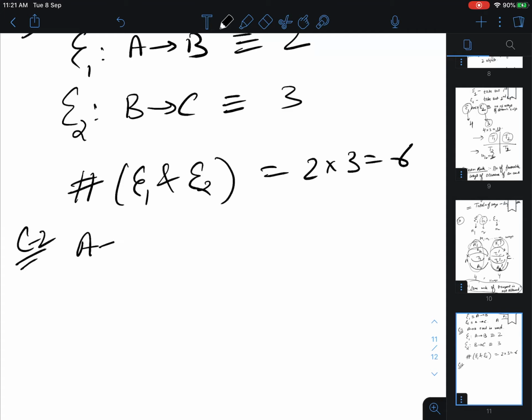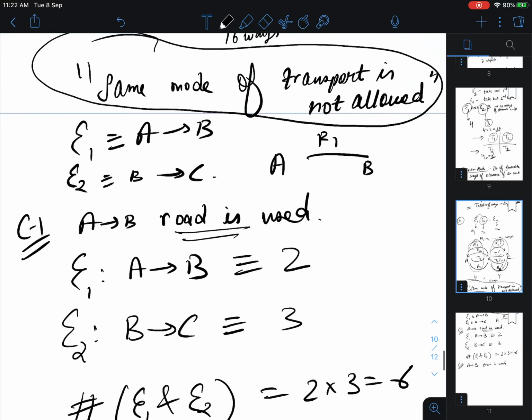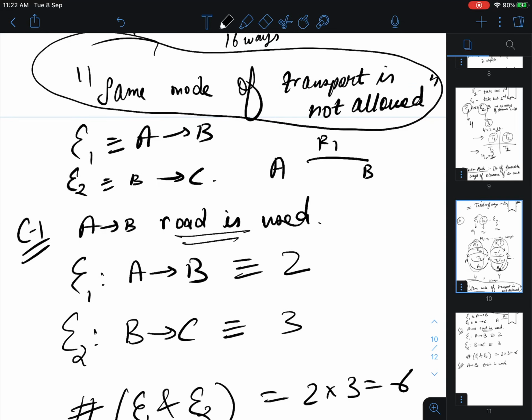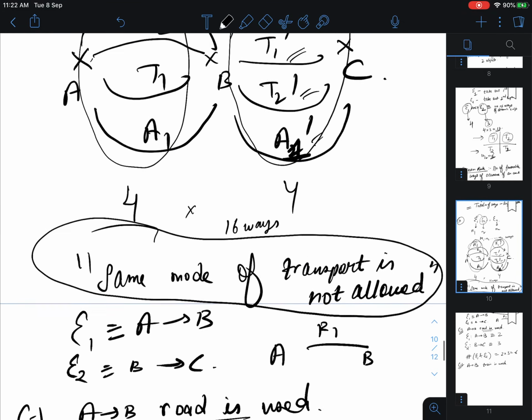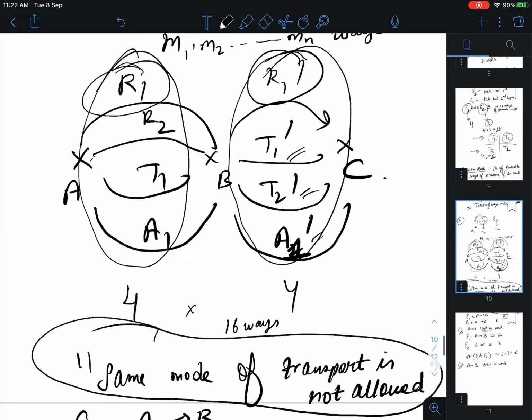Okay, and case 2 is, let's say from going from A to B, train is used. Now note that in case 1, when I said that from A to B road is used, as soon as I put this condition, then event E1 and E2 become independent. Now from A to B you have 2 options, and from B to C you can choose any of these 3 options, T1 dash, T2 dash or A1 dash.